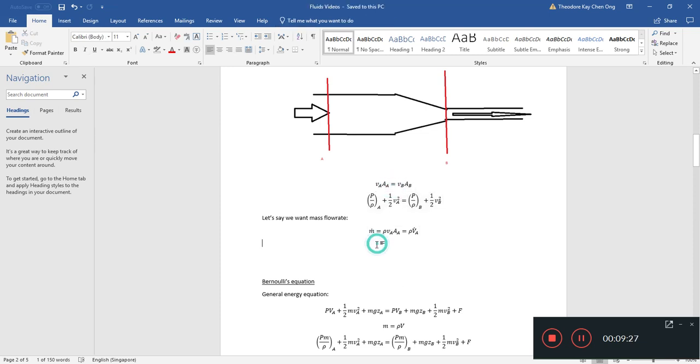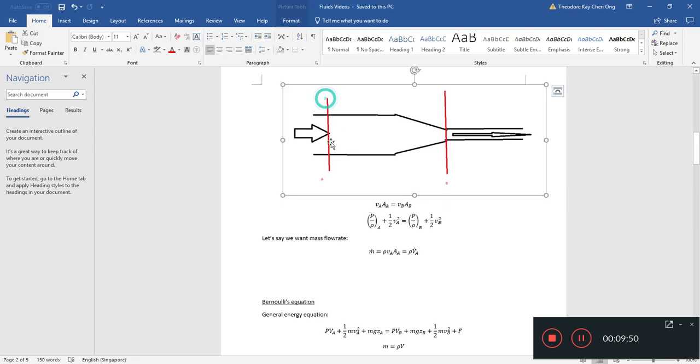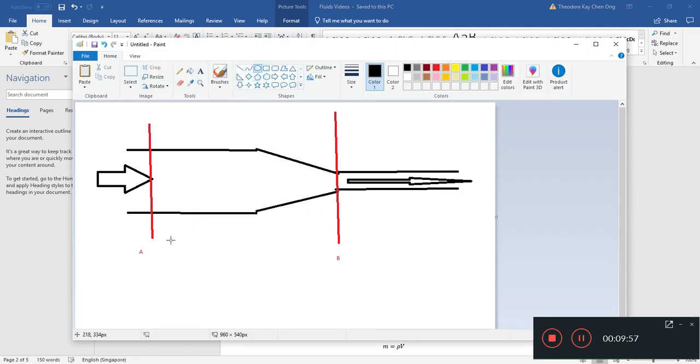If we want to find the velocity at A, we have two equations and two unknowns. So we have VA and VB. Let's say we can measure the pressure difference. We know the density and we know the areas. By design, of course, we'll know the area at A and the area at B, and we can use some kind of pressure gauge or manometer.